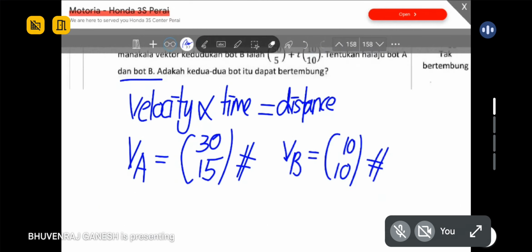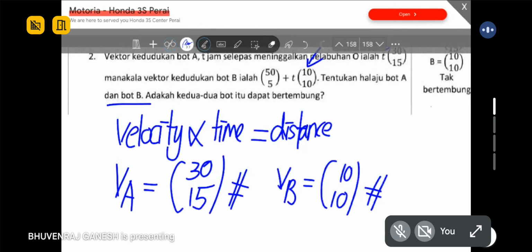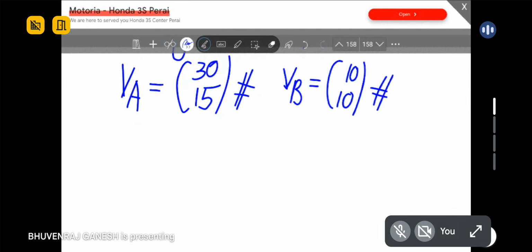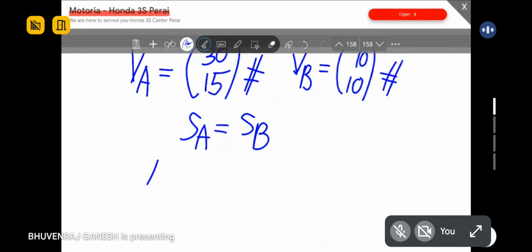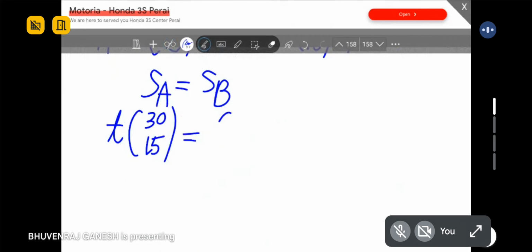Alright. So now, guys, they ask you, do the two boats actually meet each other or not? Adakah dia bertembung? Actually very simple. You just let the distance equal to each other. Jarak sama. So you can just multiply: T(30, 15) is equal to (55) plus T(10, 10).